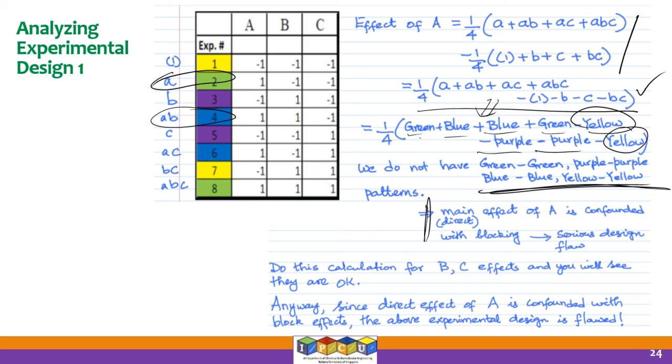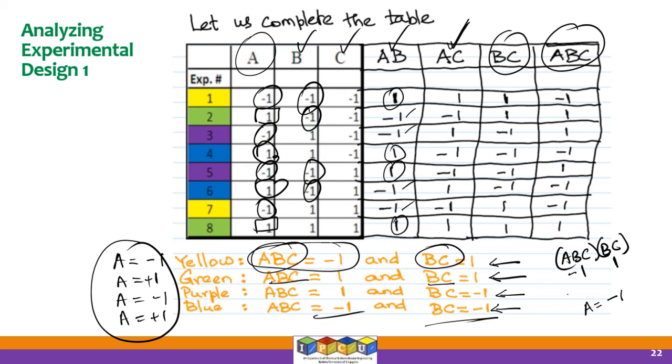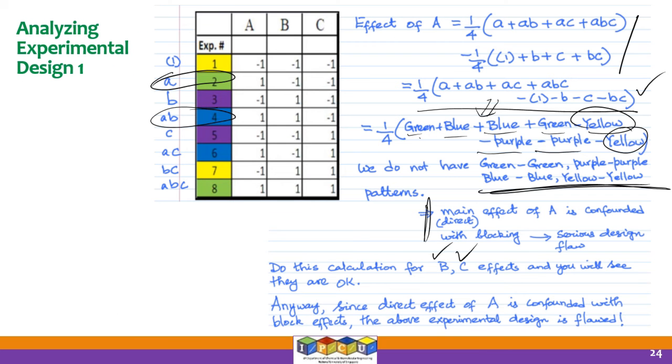If you do the same calculation for B, C, or as we did before for AB and AC, you would not see this problem. You would see green minus green, blue minus blue, yellow minus yellow, purple minus purple. But for the factor A effect, the ABC effect and the BC effect, you will get green plus green, blue plus blue, or minus green minus green, things like that.